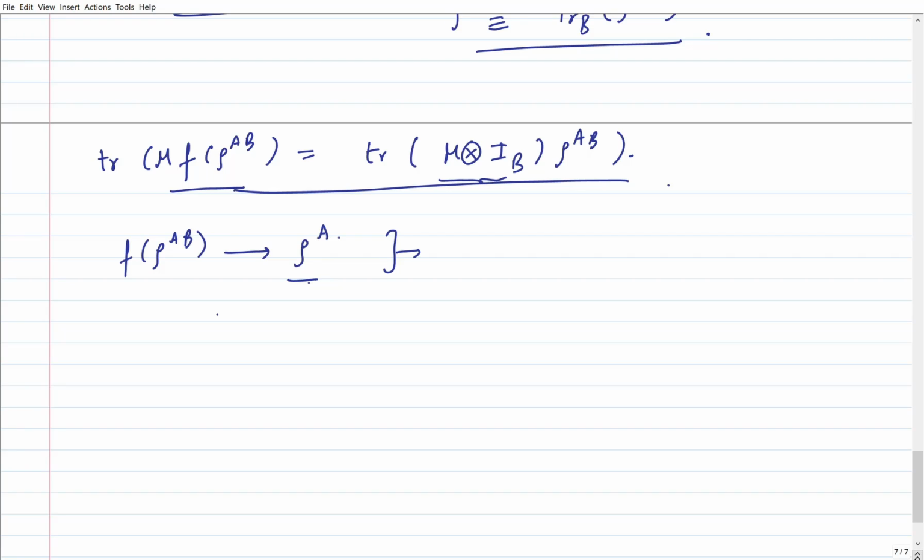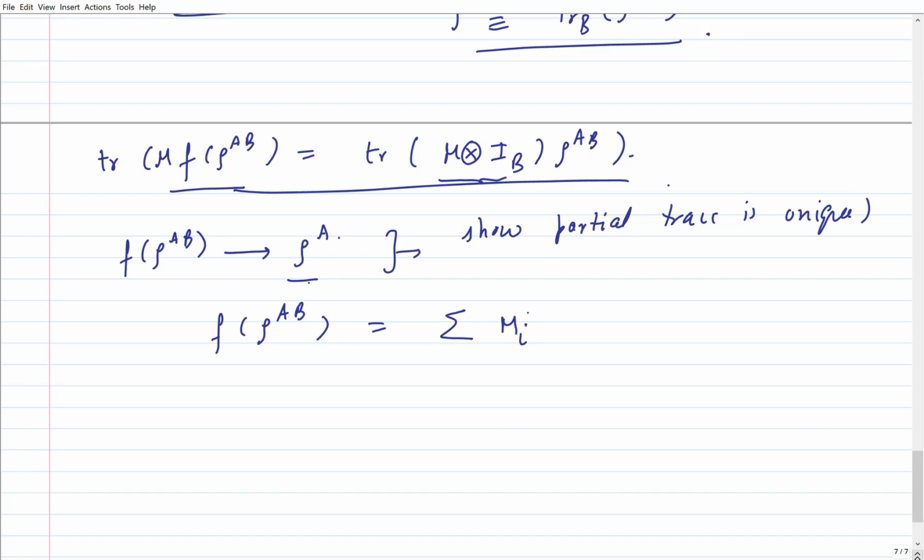How do I do that? I decompose. So show partial trace is unique, that F reduces to indeed partial trace. How do I do it? I decompose the map F using the Hilbert-Schmidt inner product.